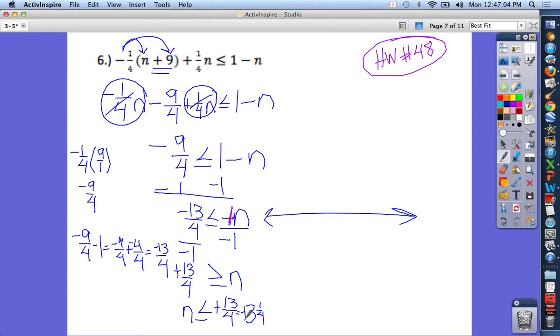So we have 2, 3, 4, 4 1/4. So this would be 0.25, half, 3/4, and it's a closed dot because it's less than or equal to, and everything shaded to the left.